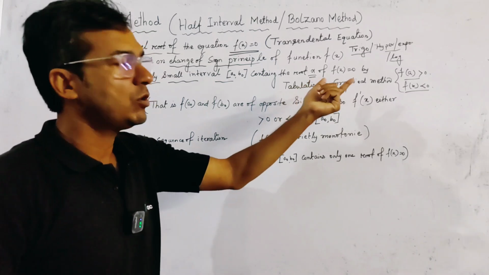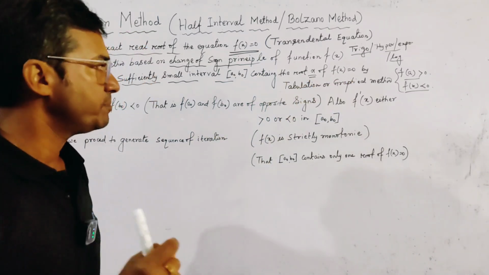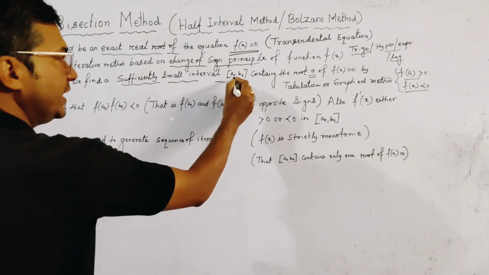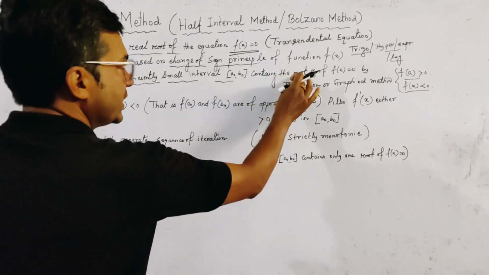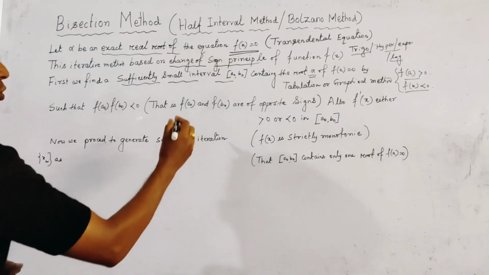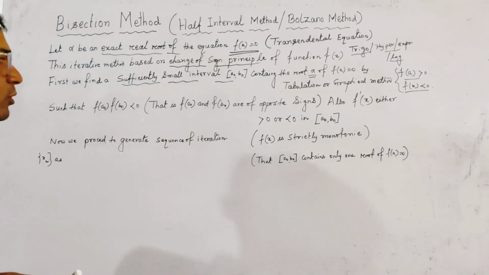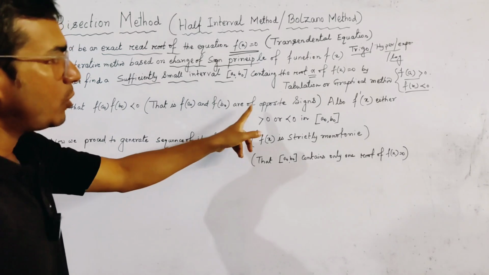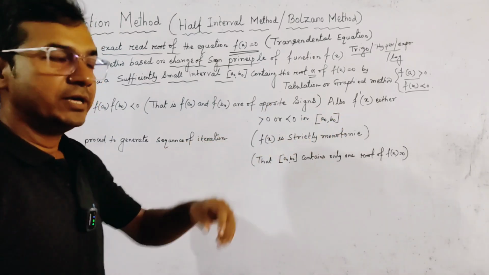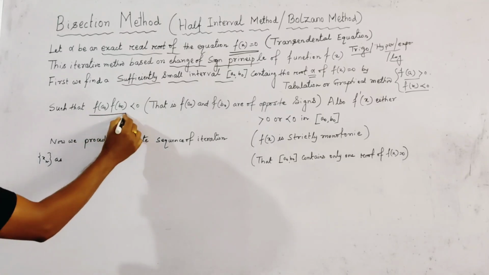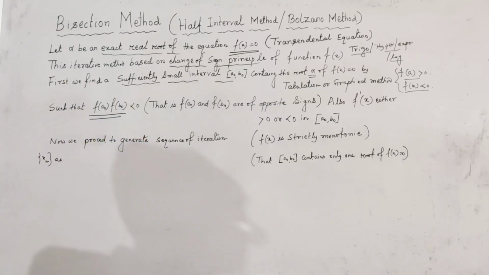These are very simple numerical methods. Since the exact root alpha of f(x) = 0 lies in [a0, b0], f(a0) and f(b0) must be opposite in sign, that is, f(a0) times f(b0) is less than 0.